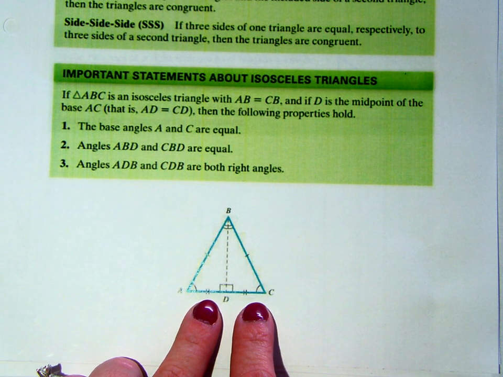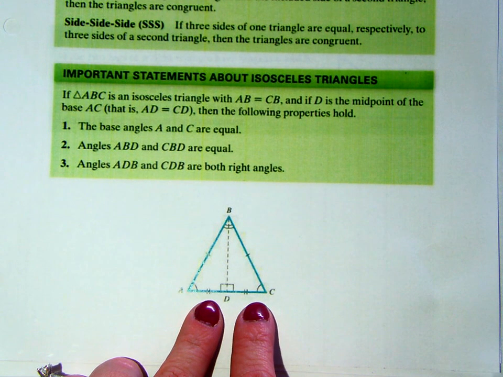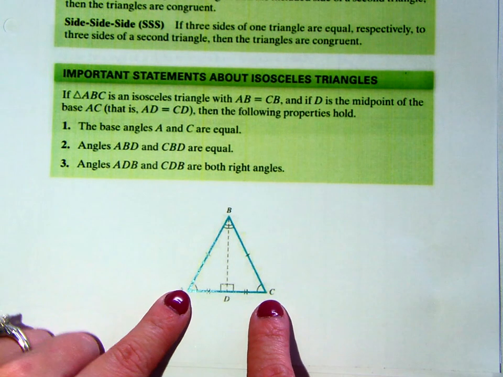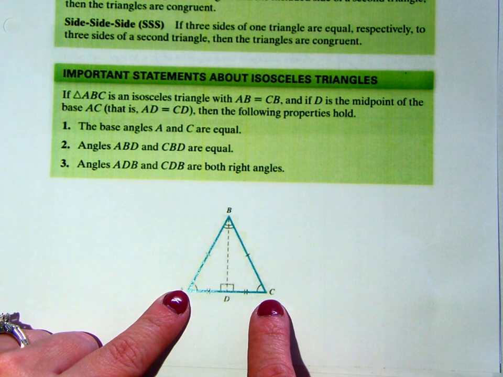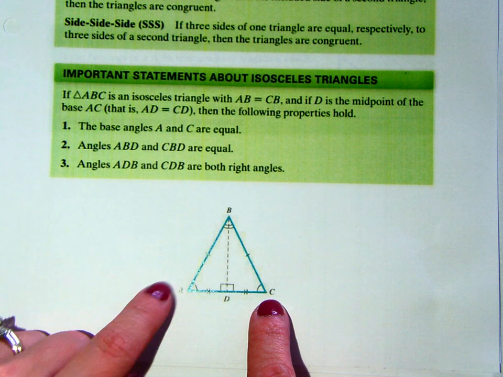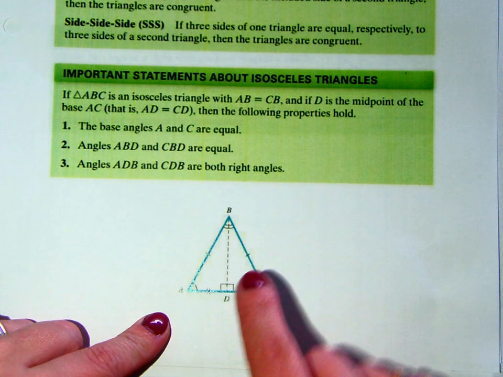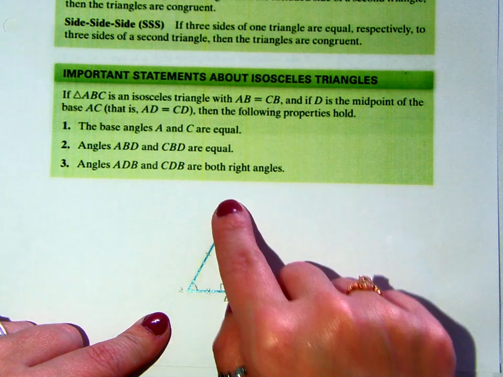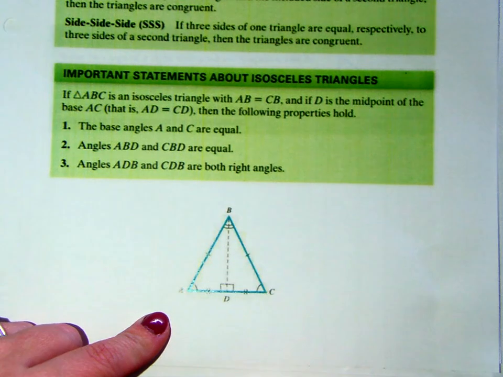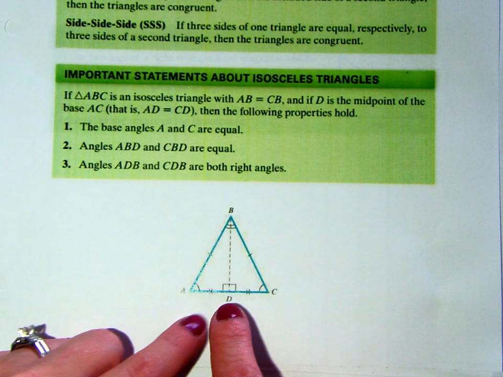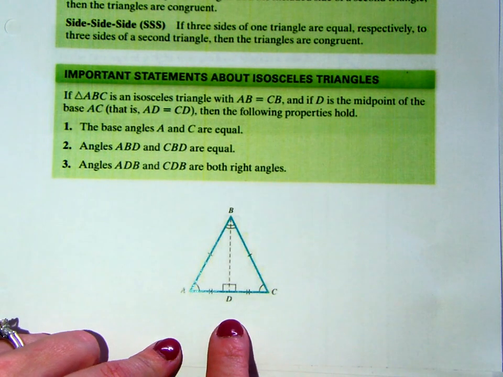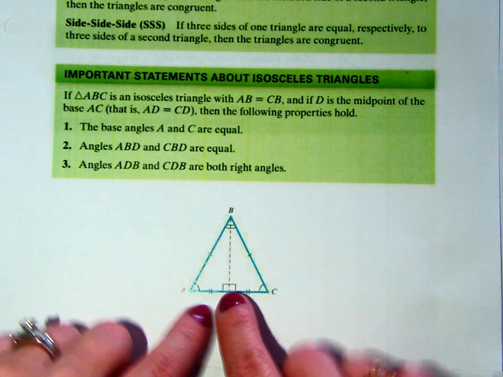We can say the base angles, A and C, have the same measure. We can say that triangle ABD, this top one, has the same measure as triangle CBD, this top one. And we can say, because this is going to be bisected by a perpendicular bisector, that these two angles in here are 90 degrees.